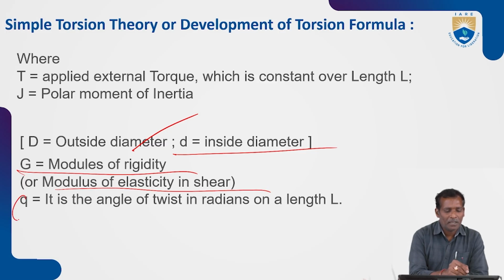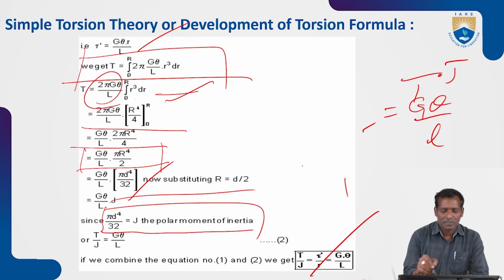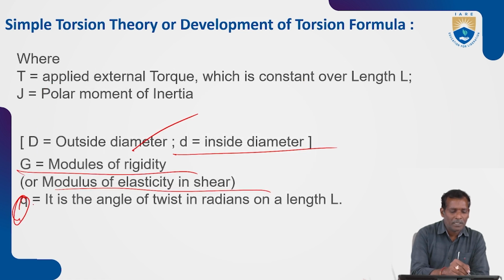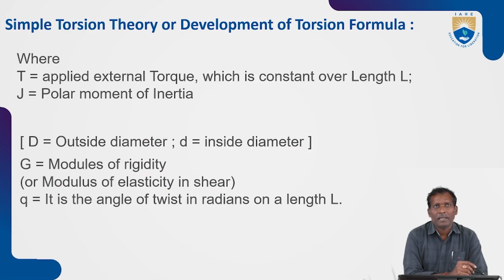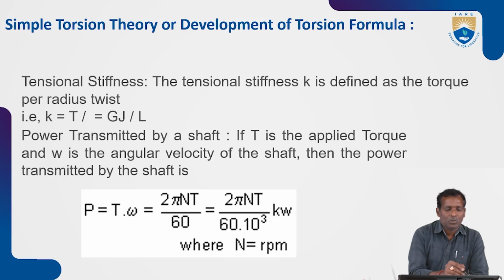So here, T by J is equal to tau by R is equal to G theta by L. Theta is the angle of twist in radians on a length L. Now, the torsional stiffness, how to calculate?